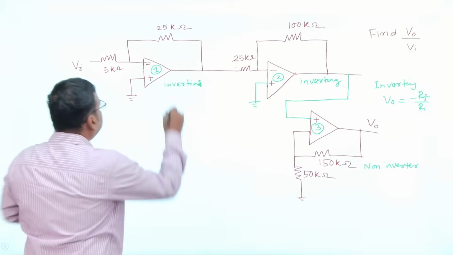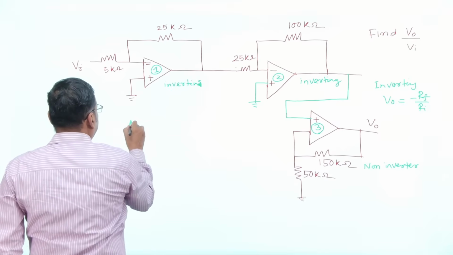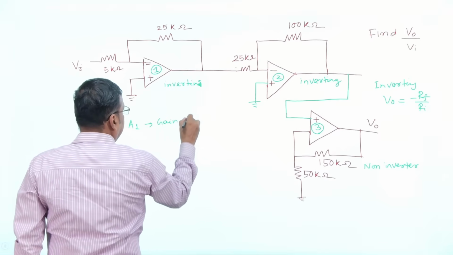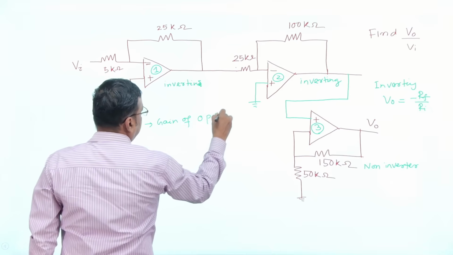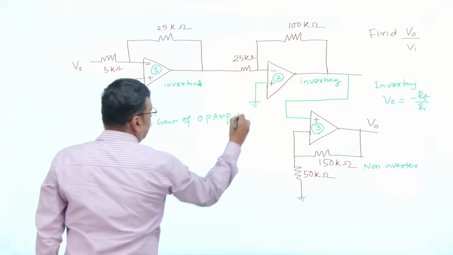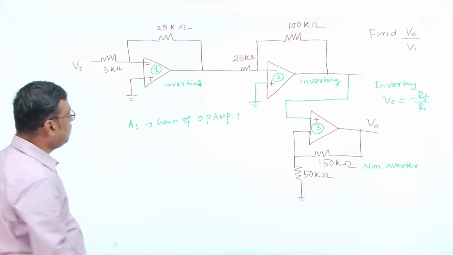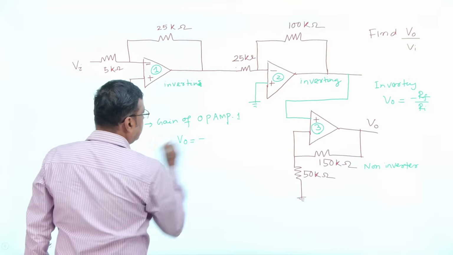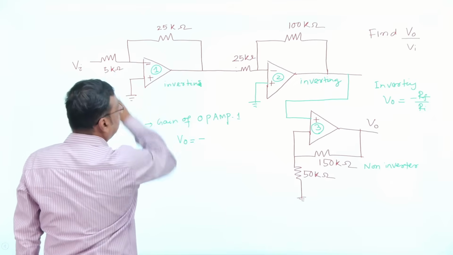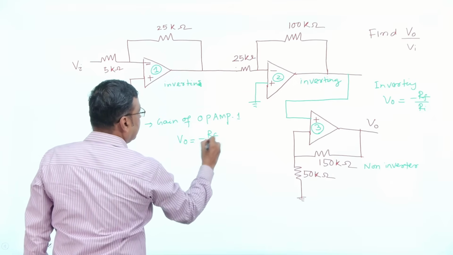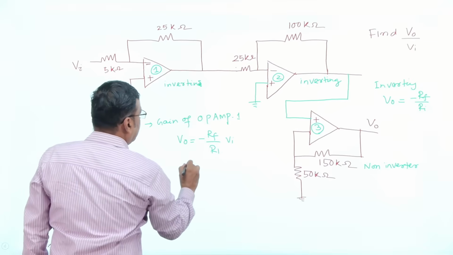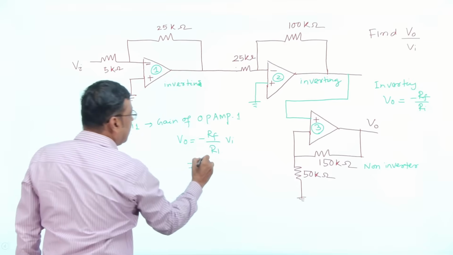Here the gain A1, the gain of the op-amp 1. Already I told you, in case of inverting amplifier, V0 equal to output voltage equal to minus RF by R1 into Vi, which equal to feedback resistor value is how much?